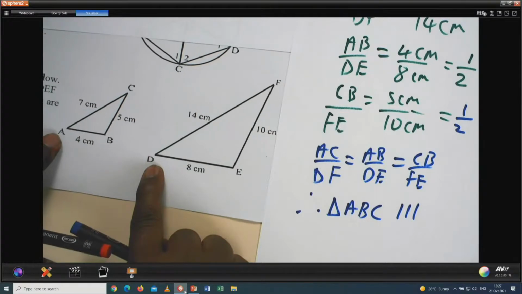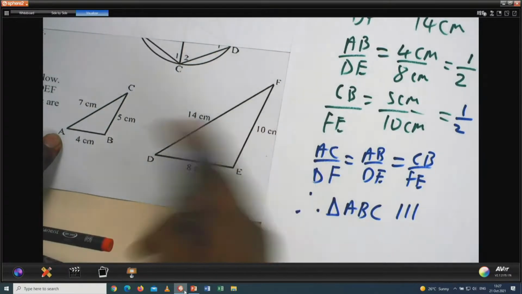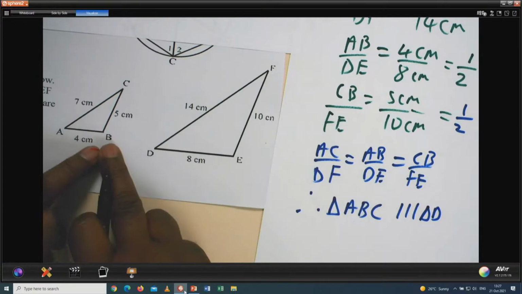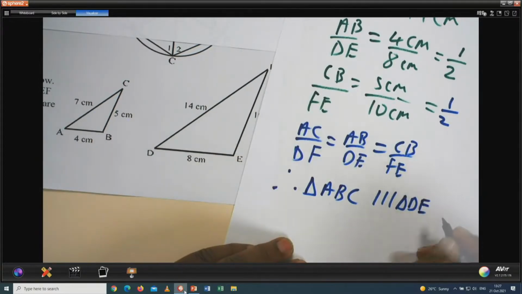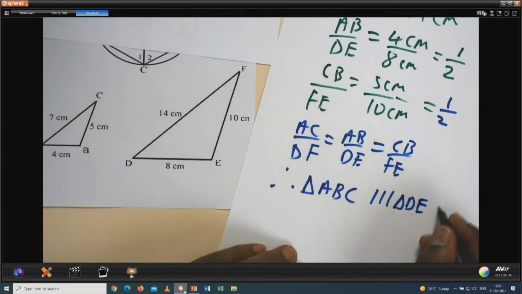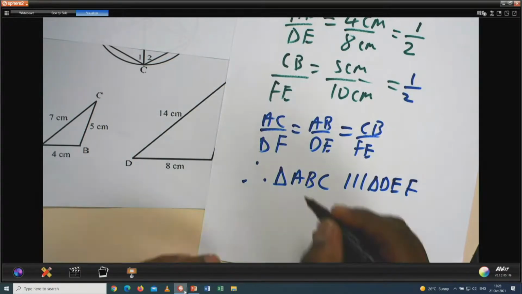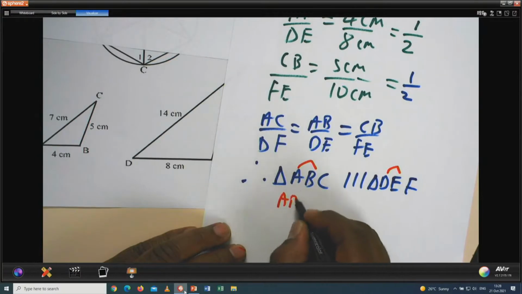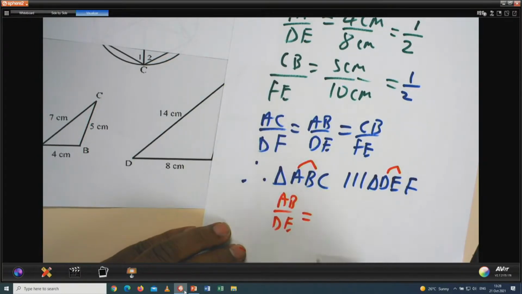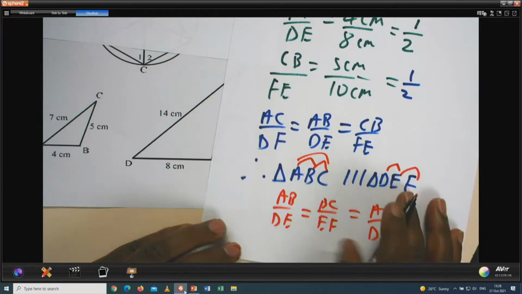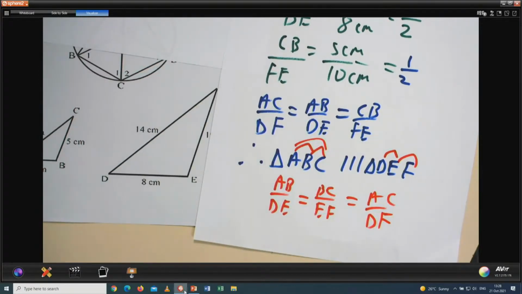A goes with D, B goes with E, and C goes with F. Again, we can see the first 2 over the first 2, AB over DE, equals second and the last, equals first and the last over first and the last. That order is very, very important.